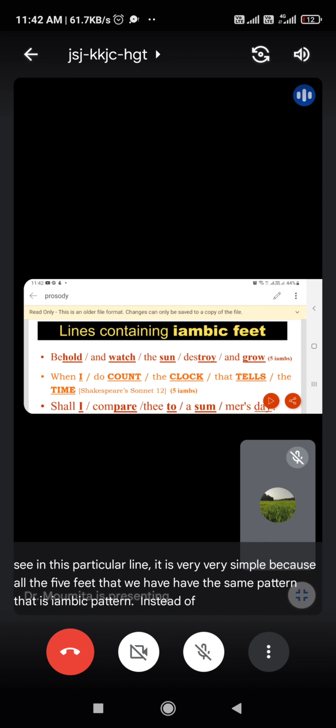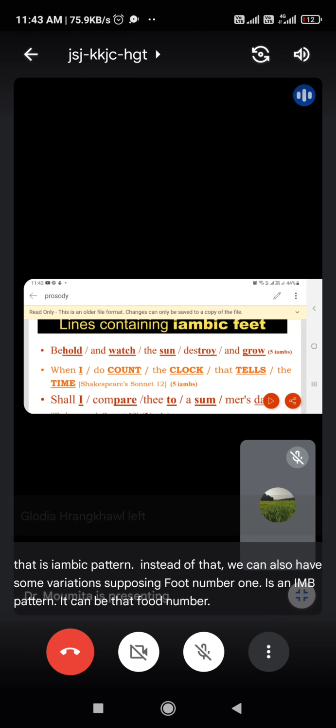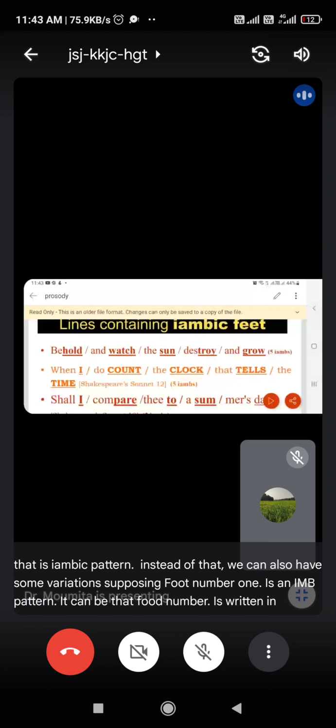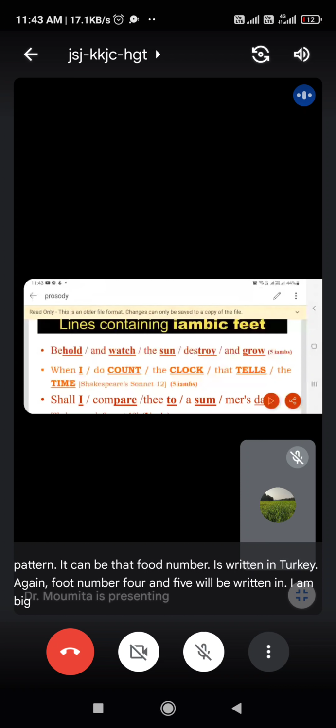Instead of that, we can also have some variations. Supposing foot number 1 and 2 are in iambic pattern, it can be that foot number 3 is written in trochaic, and again foot number 4 and 5 will be written in iambic.